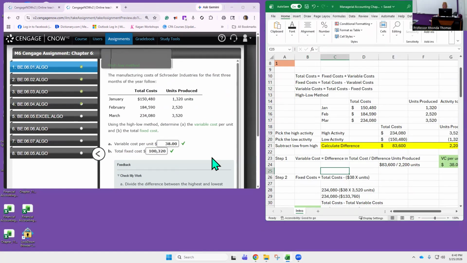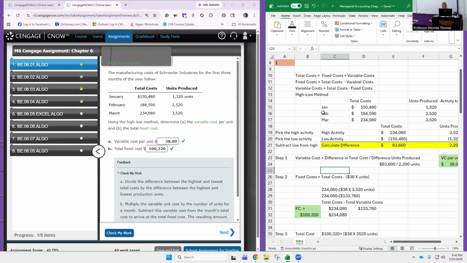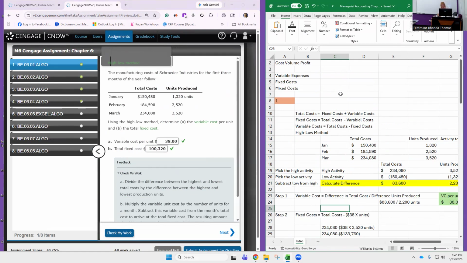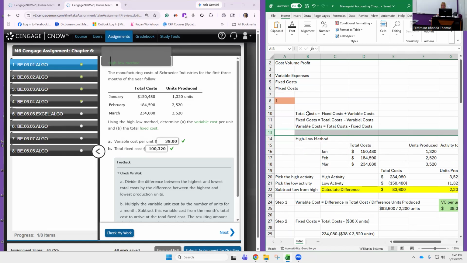Okay, so high-low method allows you to take data, right? So we have to think about what we're doing here in cost, volume, profit analysis. We have variable expenses, fixed expenses, and mixed. So when we use a little algebra, we can work our way through total cost equals fixed plus variable.